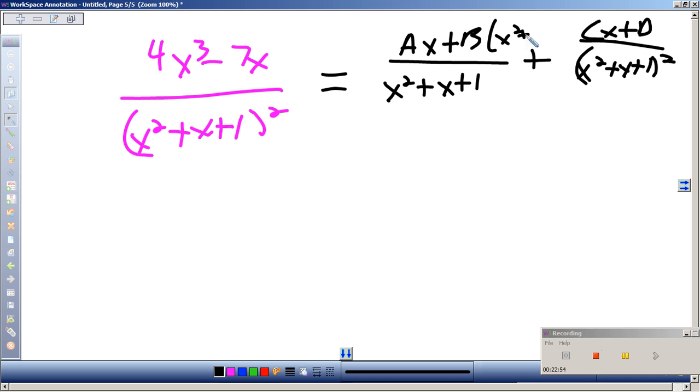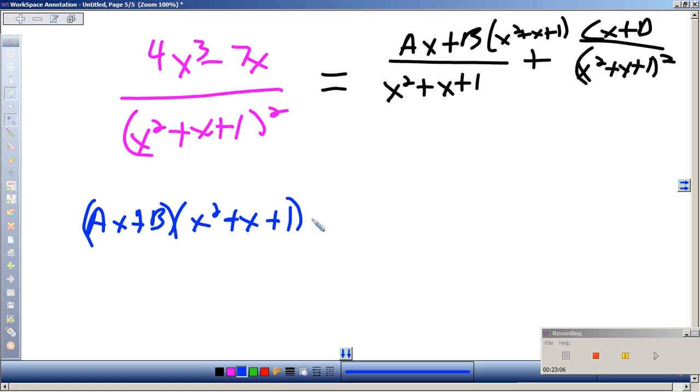Multiply top and bottom by x squared plus x plus 1, so I'm going to have ax plus b times x squared plus x plus 1, plus, what am I going to multiply this by? Nothing, okay. So cx plus d equals 4x cubed minus 7x.